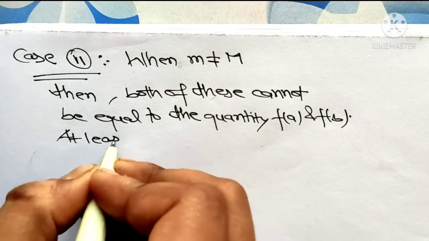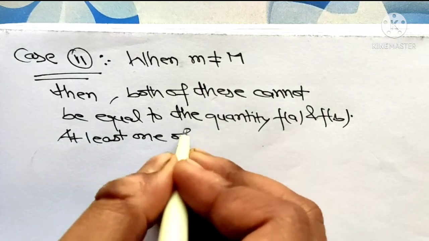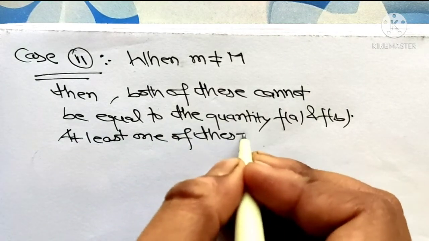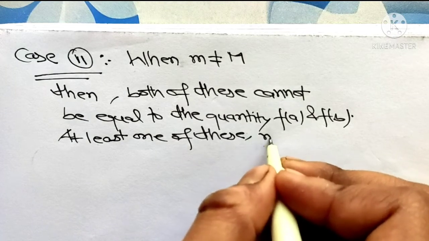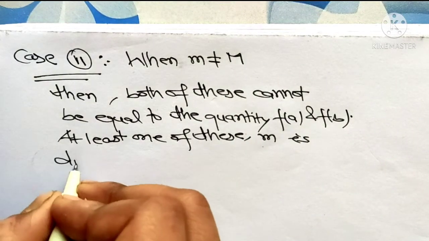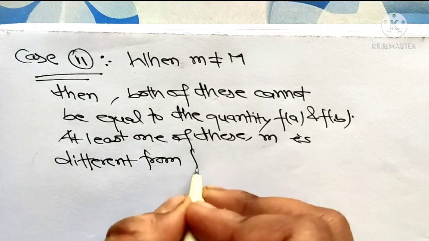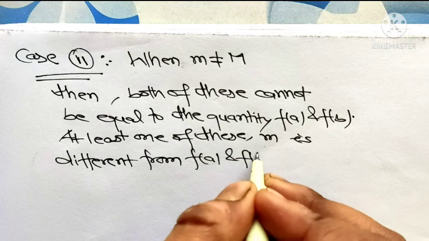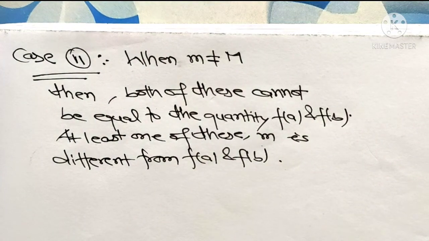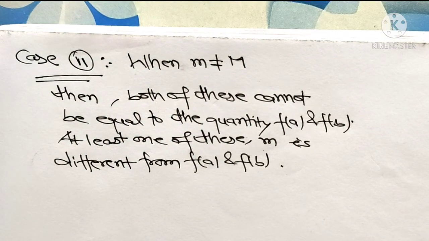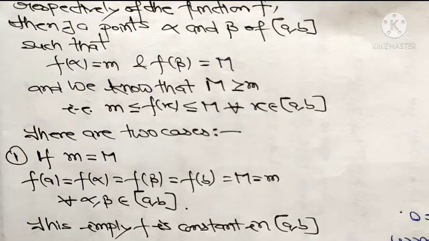At least one of these, m, is different from f of a and f of b. So in the second case we just assume that if infimum and supremum are not equal, then these two, infimum and supremum, will not be equal to the same quantity f of a and f of b.